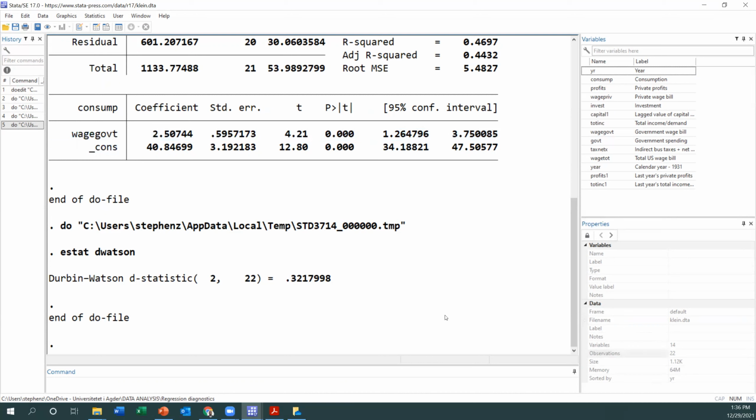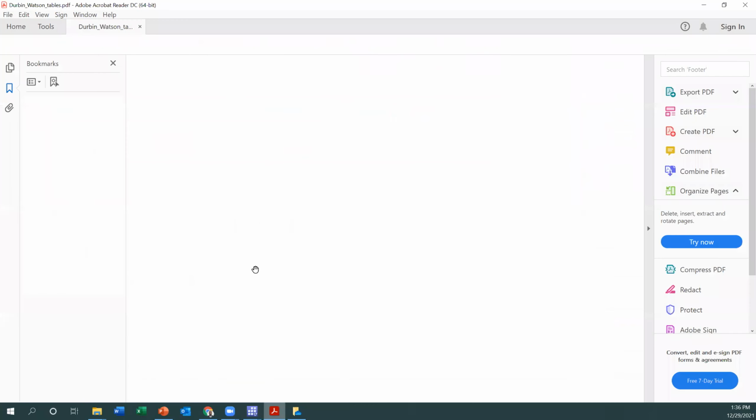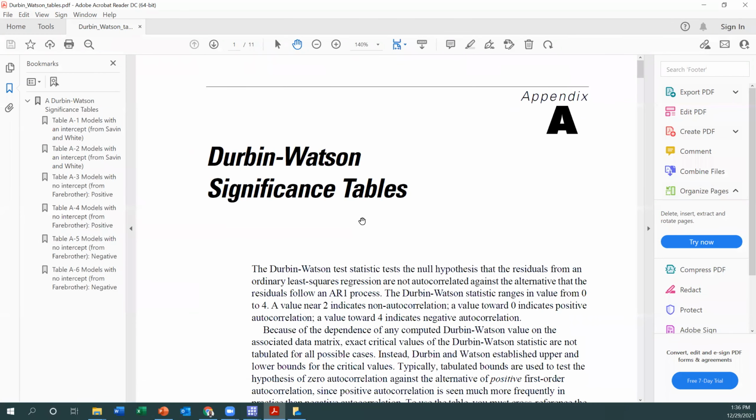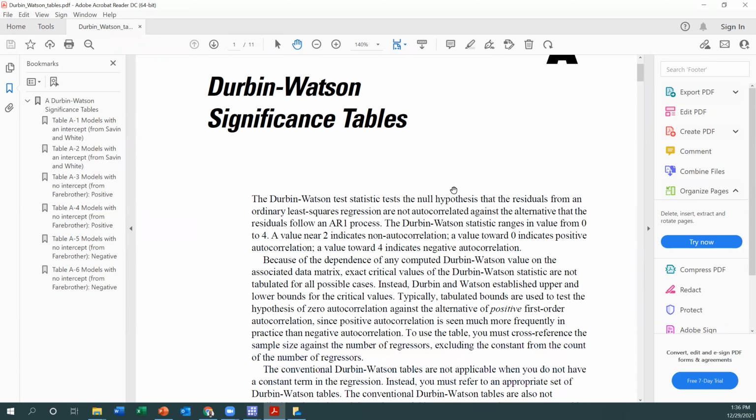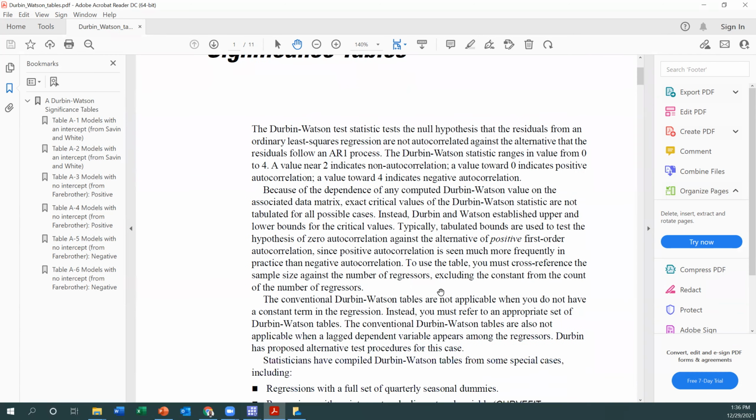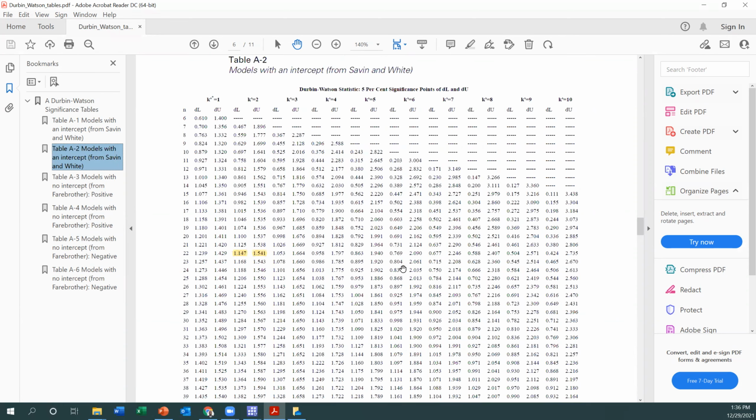All right. Now how do we conclude? We look at the d table. So here is the Durbin and Watson significance table. Here we look for 10%. So here are the rules of thumb, but we are not interested in that. You can read that yourself. You can get this table from Google. I'm looking for table 2.